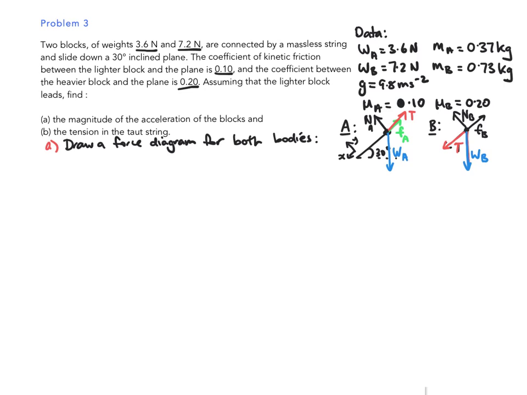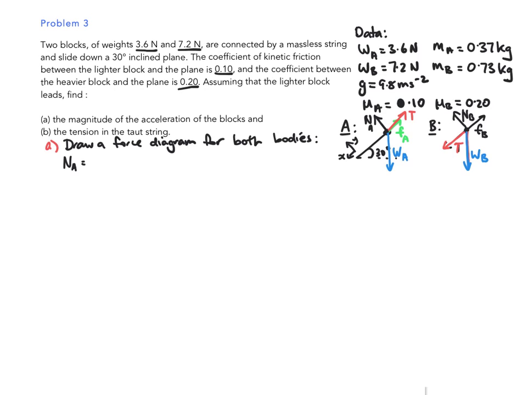Now we need to come up with some equations based on these. We've got our Newton's laws and our force diagrams. We need to equate our Newton's laws back to our kinematics. So, like the last problem, we can define these normal forces.